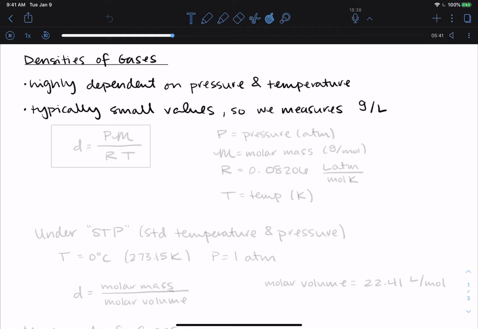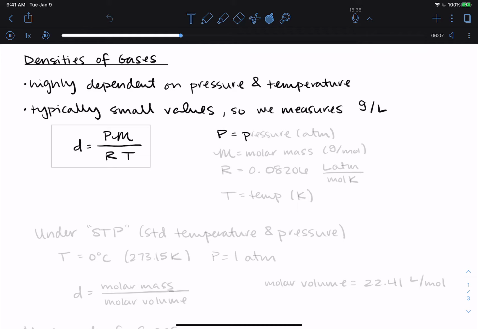You can calculate from information such as pressure and temperature and a couple other variables what the density of a gas will be. So density is equal to pressure times molar mass divided by R, which is a constant that I'm going to give to you, and temperature.